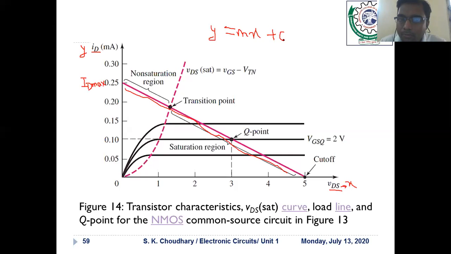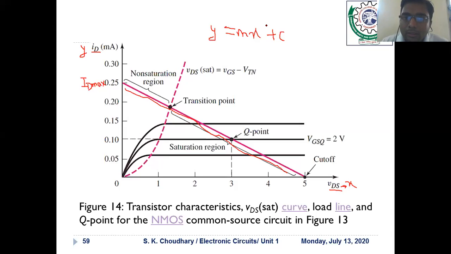Anyone? How to find the ID max or y max in this straight line equation? Anyone know the logic behind it? Anyone can speak? No answer. Okay, I will tell you.